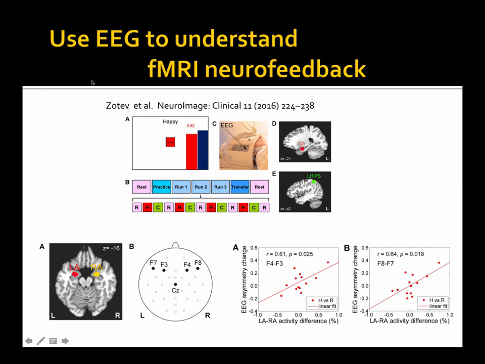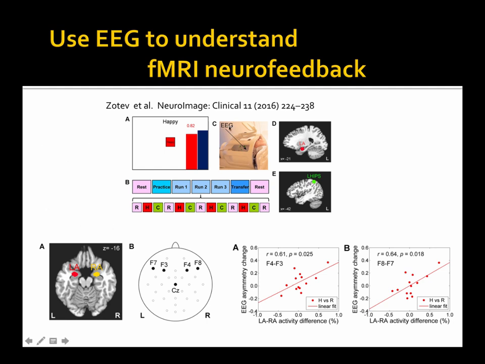So one of the reasons to put together an experiment that is so involved, with EEG and fMRI and neurofeedback, is to try to understand how all these signals relate to each other, because once you have that understanding, if you can identify what is changing in the EEG, maybe you can transfer the experiment to be run only on EEG. That would be much cheaper and practical to do on a patient population.